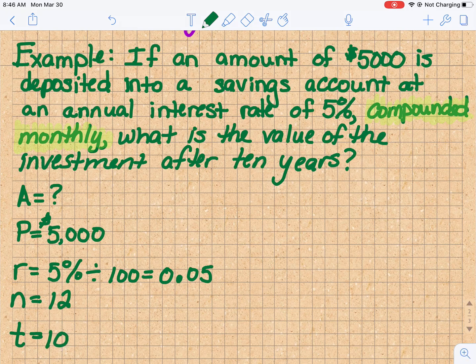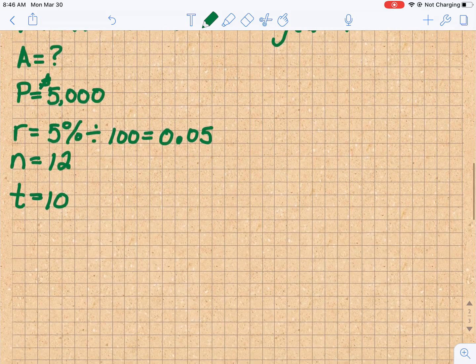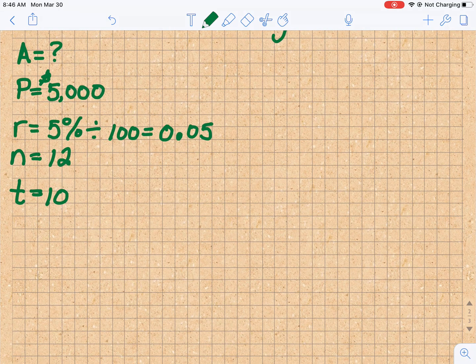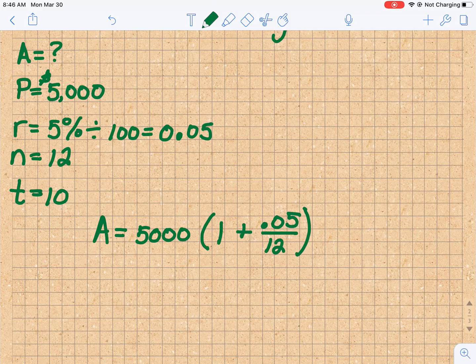Now we know all of our numbers, and now it's just a plug it in and solve it problem. It's a substitution. So A equals 5,000 times (1 plus 0.05 divided by 12) raised to the 12 times 10.